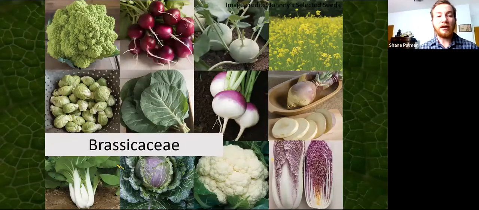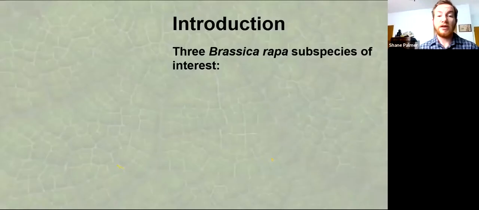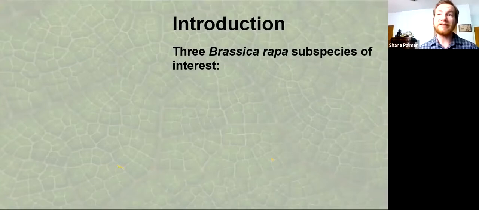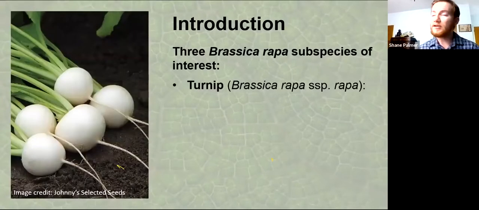And among these is a species which is the turnip, which is Brassica rapa. I got interested in this because Mizuna, which was one of the other plants that I'd worked with before, is actually a subspecies of Brassica rapa, even though it doesn't quite look like a turnip, but it's closely related. So that got me thinking a little bit more into all these subspecies and why they look so different.